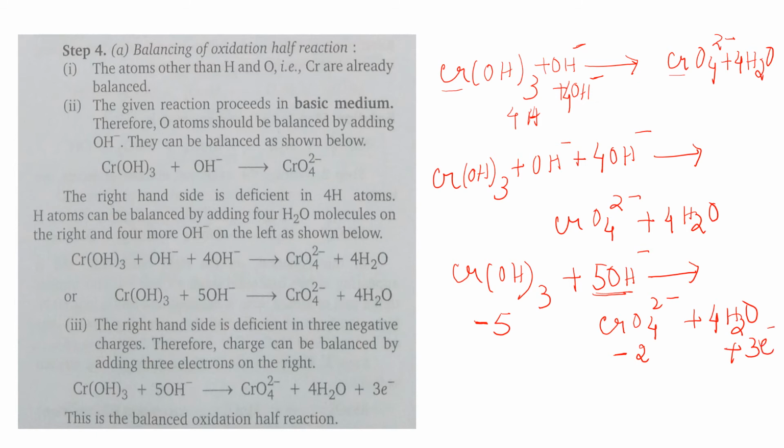So the balanced oxidation half reaction that I am getting is Cr(OH)3 plus 5OH- is giving you CrO4 2- plus 4H2O plus 3e-. This is my balanced oxidation half reaction. Now I have to balance the reduction half reaction.